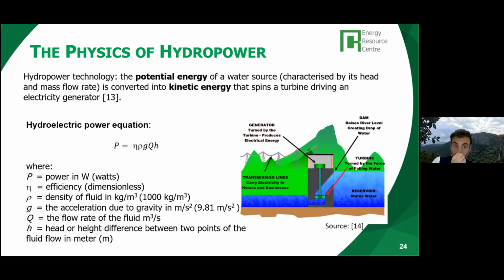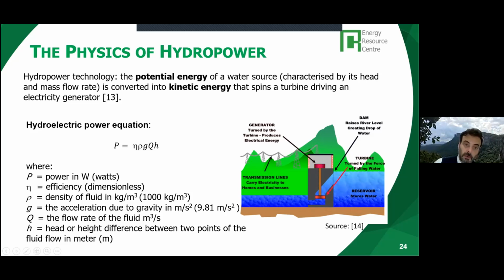So this equation, remember, correlates the power of a hydroelectric site or system. It depends on the efficiency of the whole setup, the density of the fluid, normally water, so we use the density of water, and the acceleration of gravity of this water in movement, falling from one height to another height.